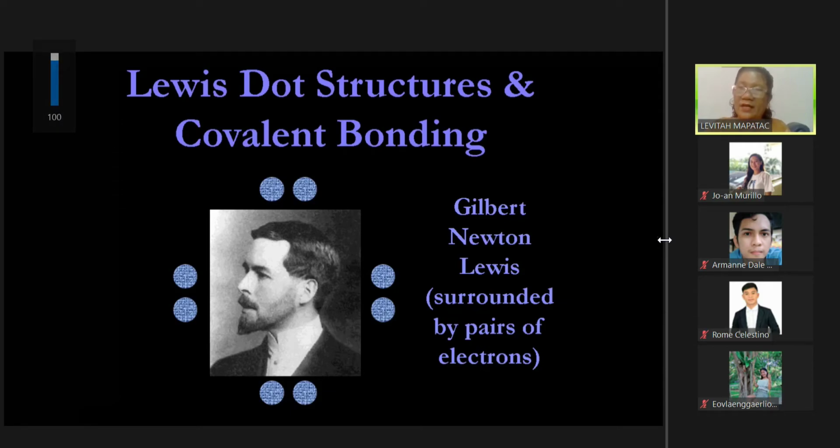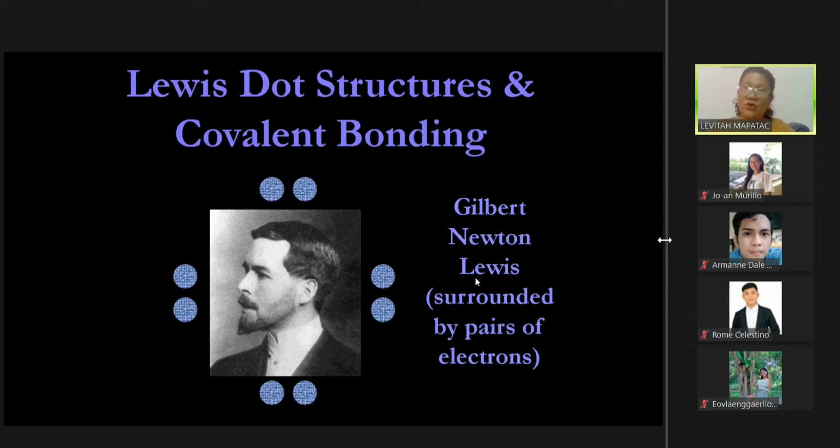For group 2, it has 2 electrons outside, and so on. For instance, halogens, that is chlorine, bromine, iodine, fluorine, have 7 electrons in the outermost shell. And who discovered this? It's Gilbert Newton Lewis.